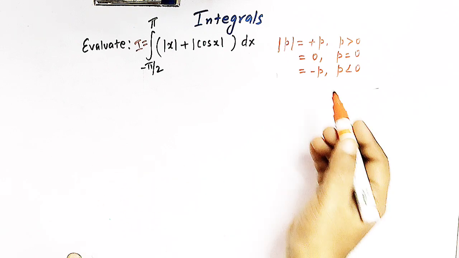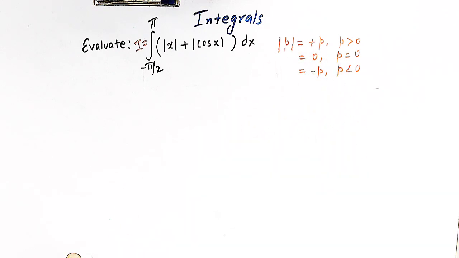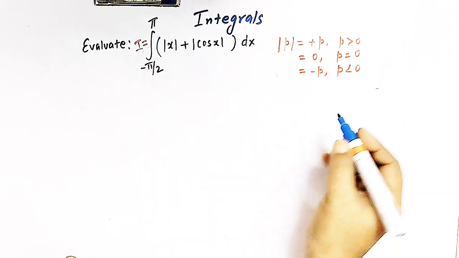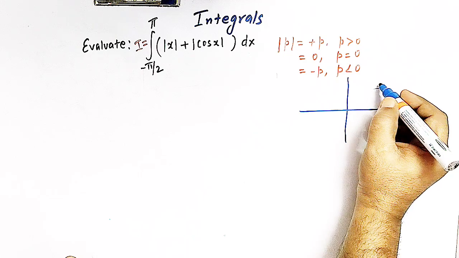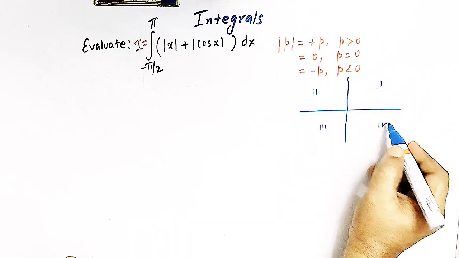Apart from using the definition of mod function, we'll also make use of the sign convention of trigonometric functions in four quadrants. So let us see the sign convention for the cosine function. Here we have the quadrants: this is first, this is second, this is third, and this is fourth.